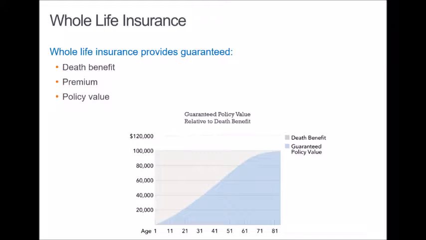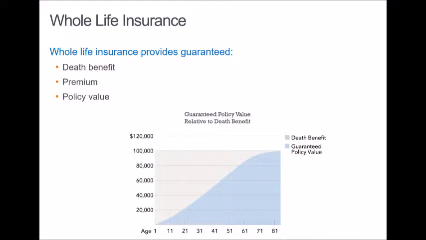In most policies, the premium remains level throughout the life of the policy, although some policies provide for paying higher premiums for a shorter premium paying length, for example to age 65, with no further premiums due from that point on. Whole life policies usually require continuing premium payments for the life of the policy.